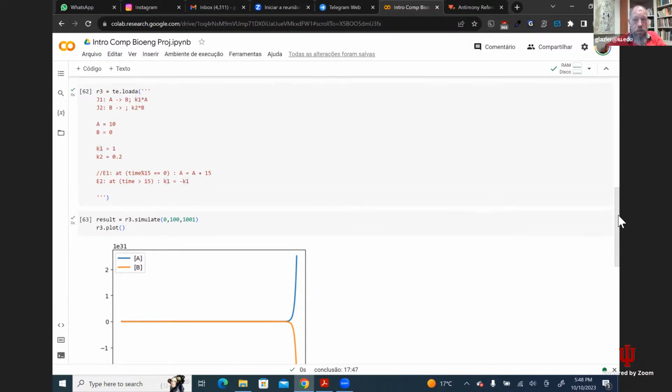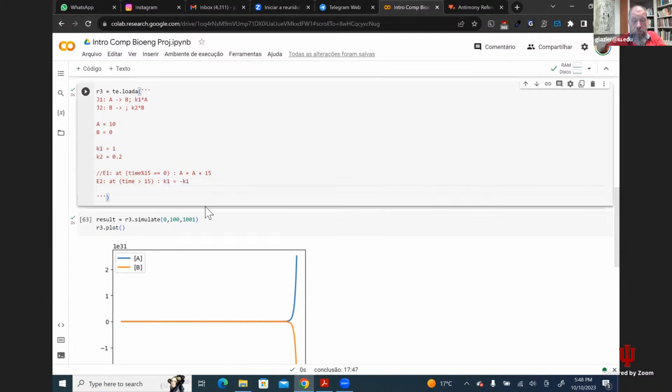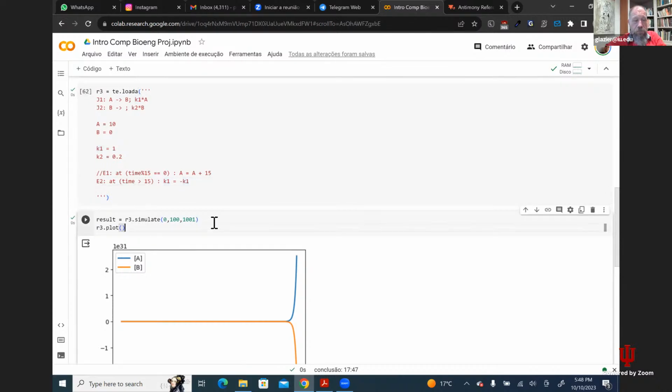Can anybody give Pedro a hint about what he's missing about his plot? Don't do anything. Let people look at it first. William, go ahead. Well, it's just interesting. You do r3.simulate equals result, and then r3.plot.